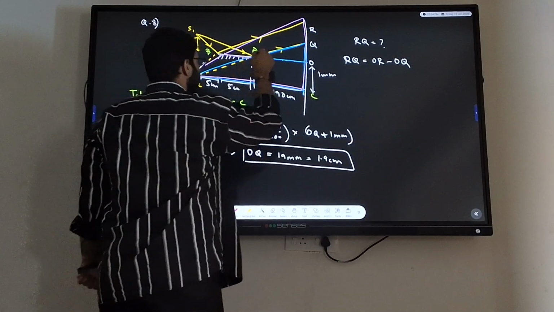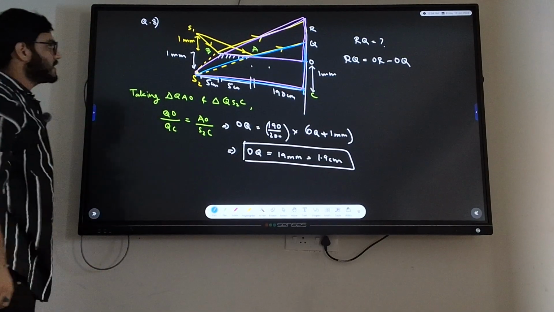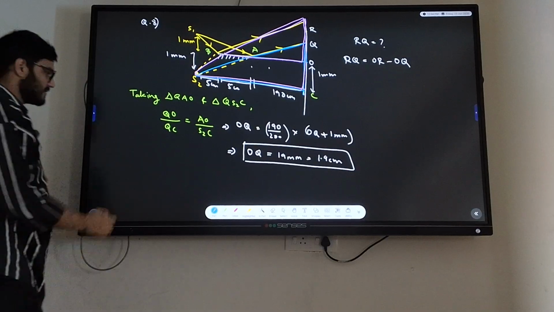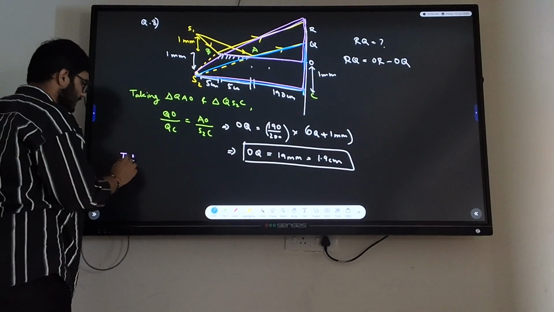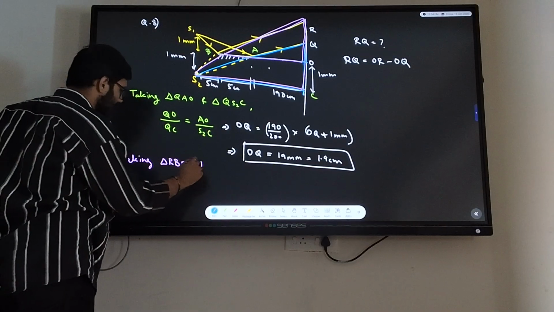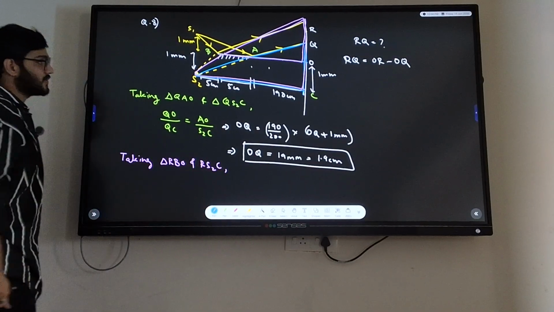and I will take this triangle. Triangle RBO and triangle RS2C. Taking triangle RBO and RS2C, tell me now what will happen? What should I write now?